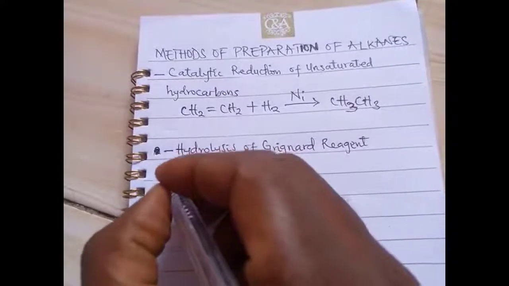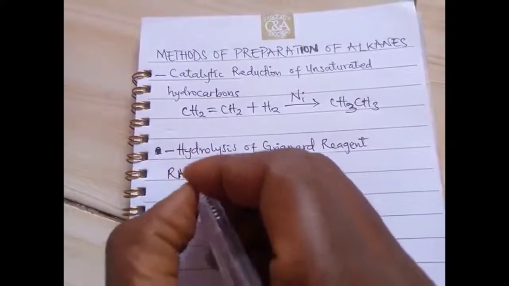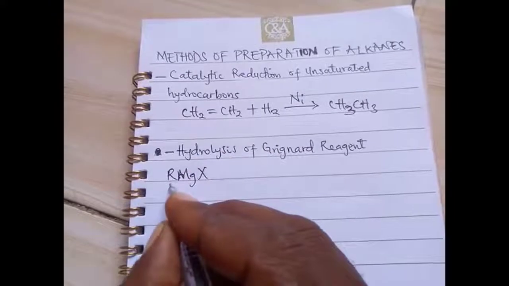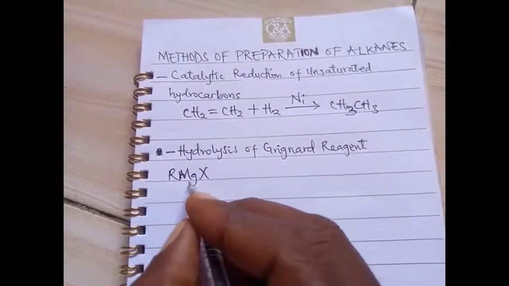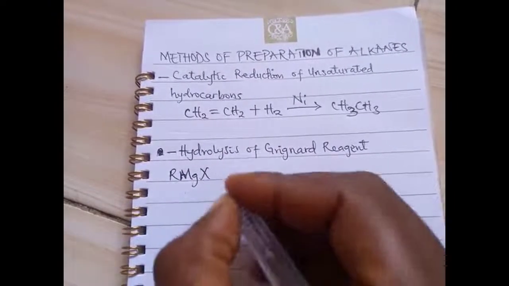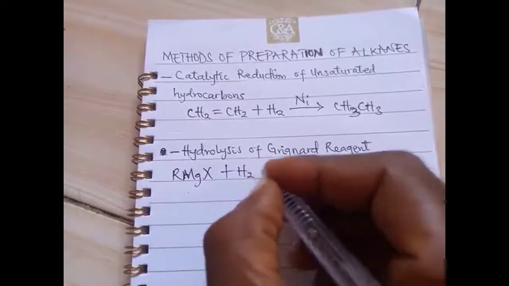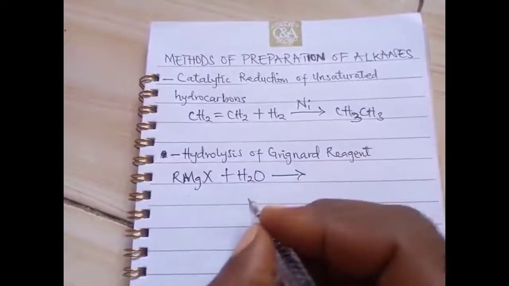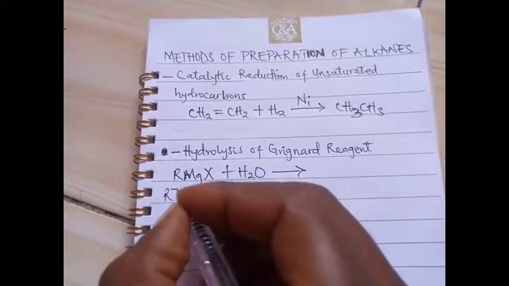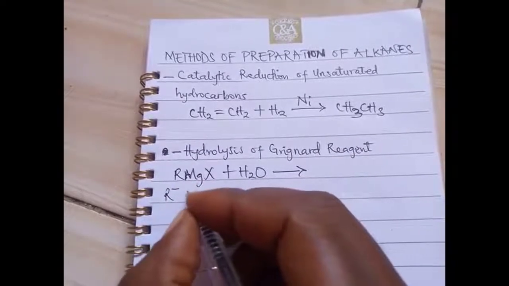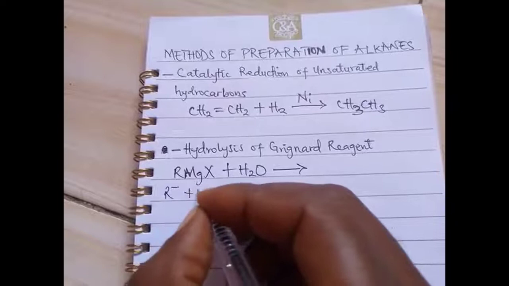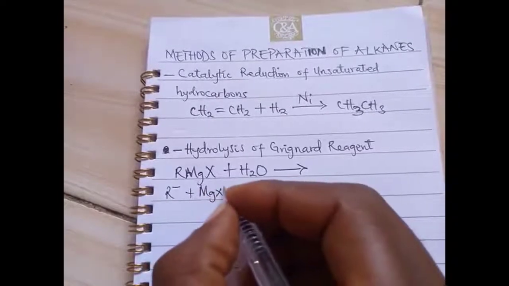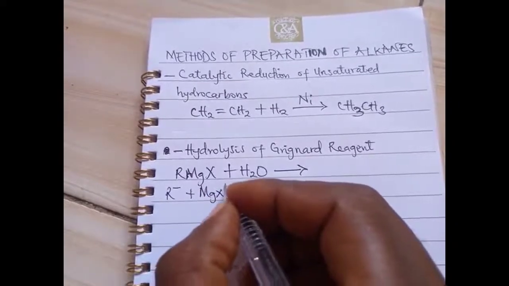The next method we have is hydrolysis of Grignard reagents. Now this is Grignard reagents. This stands for an alkyl group, magnesium, and then any halogen. If we add water to it, hydrolysis means splitting something or breaking down something using water. On this side, R will split, become negative, then MgX becomes positive.